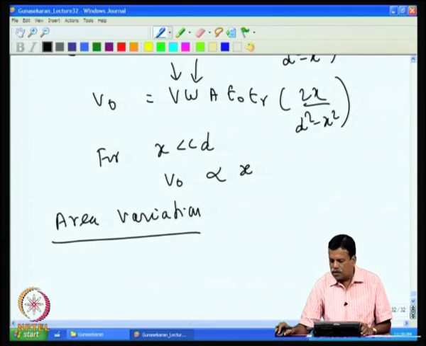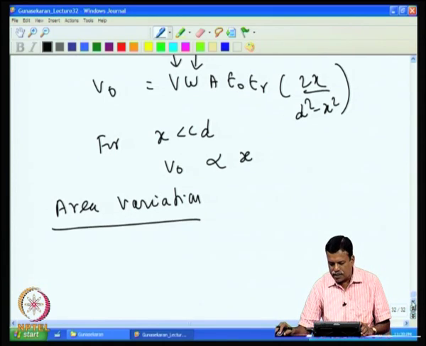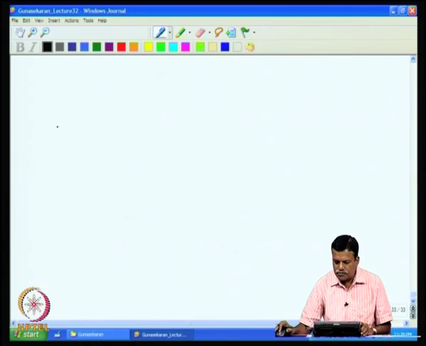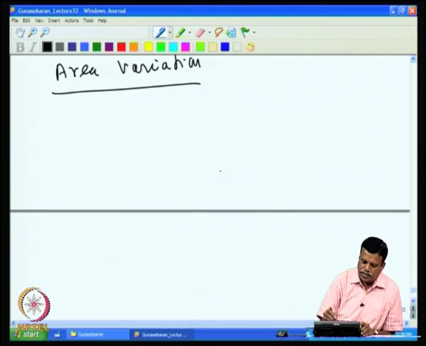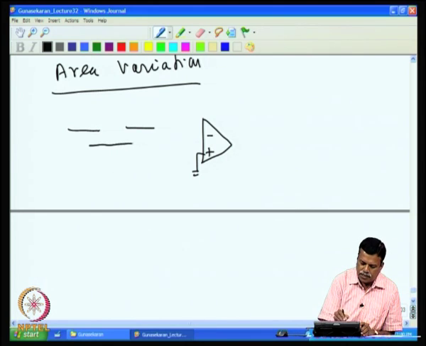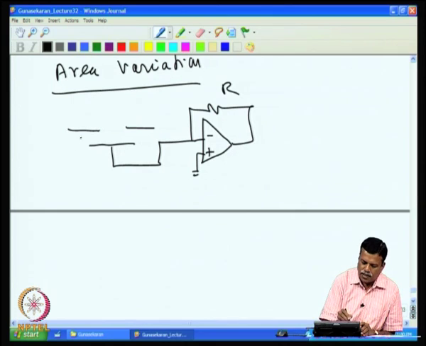In this case, we will take the same capacitance sensor, and here we take the two plates, then I will take the third plate like this, connect to the third plate, then have this resistance R. And these two are similar to the last time.